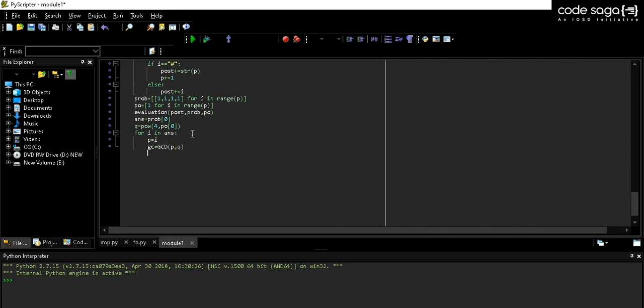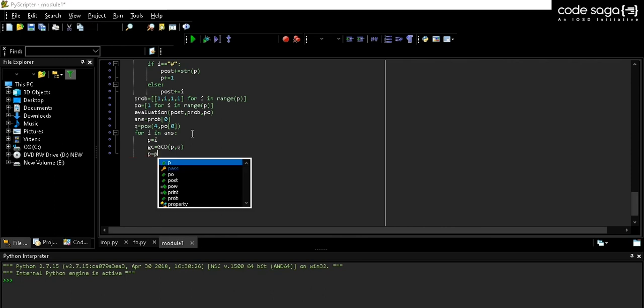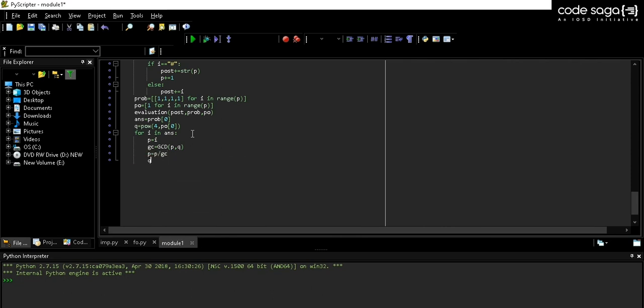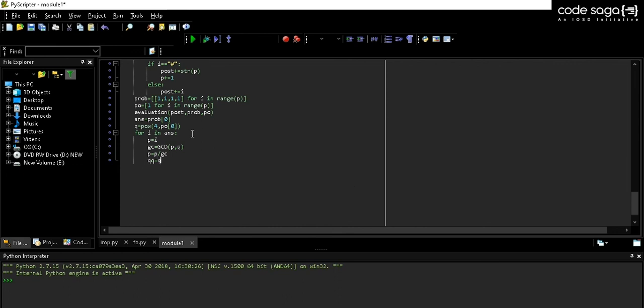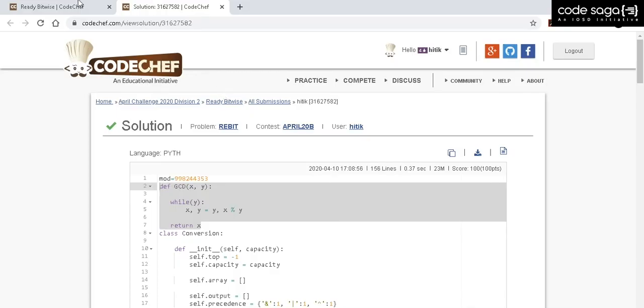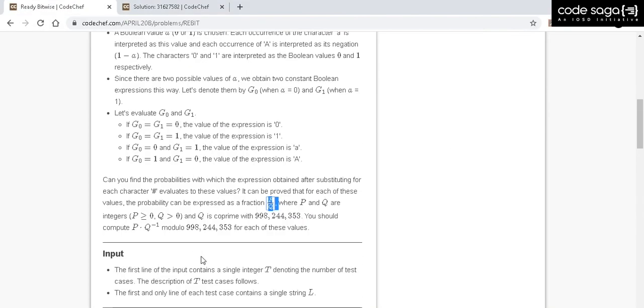So I'll make a new variable p equal to p by gc and q equal to q by gc. As I need the value of q later, I will make a new variable qq. Now why I'm doing this is because for the answer you need to find out p into q inverse, where p and q should have no common factor. So I've removed the GCD from p and q.